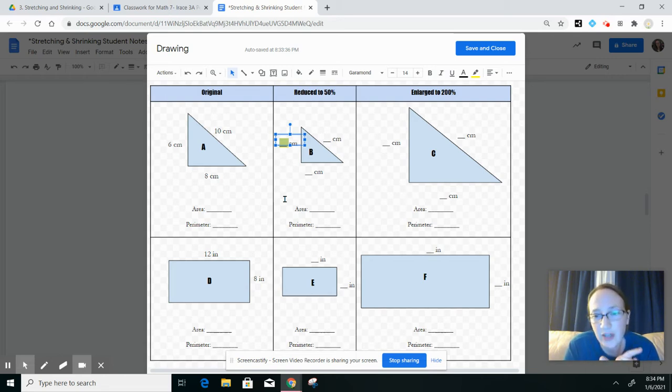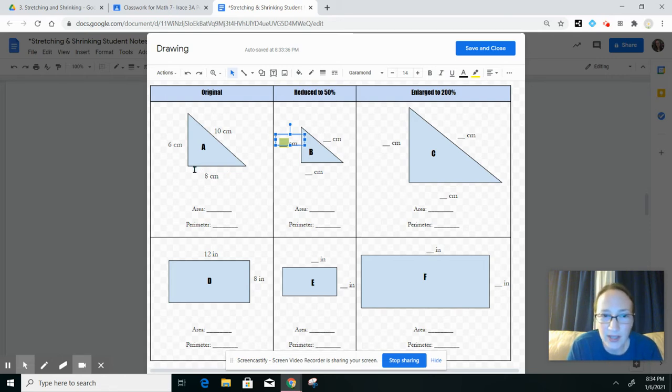There's one thing that we haven't talked about yet, and we will talk about it later, probably next week, but it is worth mentioning now. It seems pretty obvious which sides kind of match up in these images because the triangles have all been positioned the same way. Sometimes it won't be so obvious. So what you'll hear me referring to is something called corresponding sides.